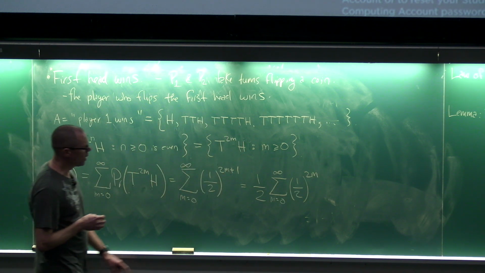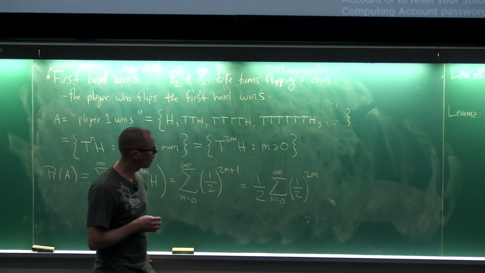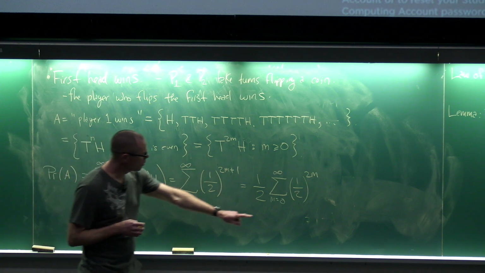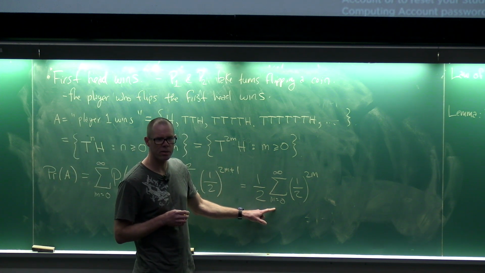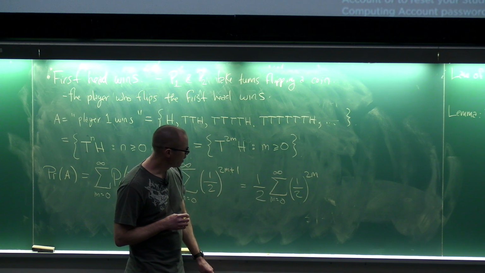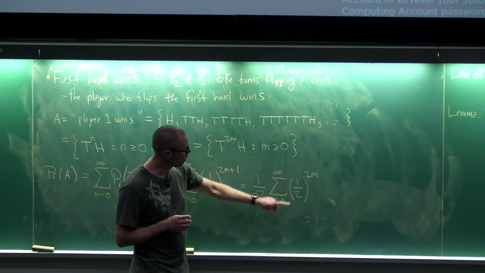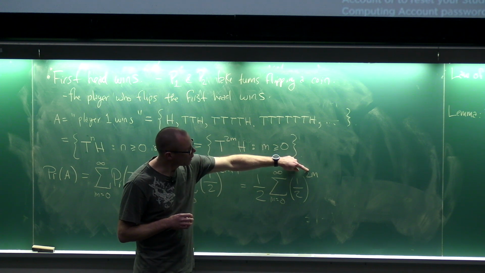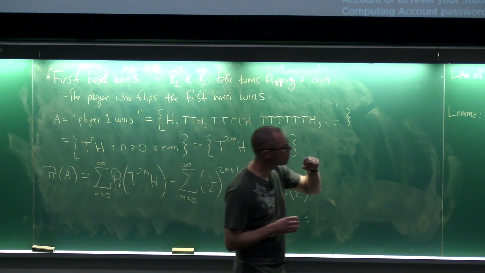Now we need to evaluate this thing. Do we know how to evaluate sums like this? So we've got a sum from 0 to infinity. There's some base here, and then it's raised to this exponent. So it looks kind of like this, right?